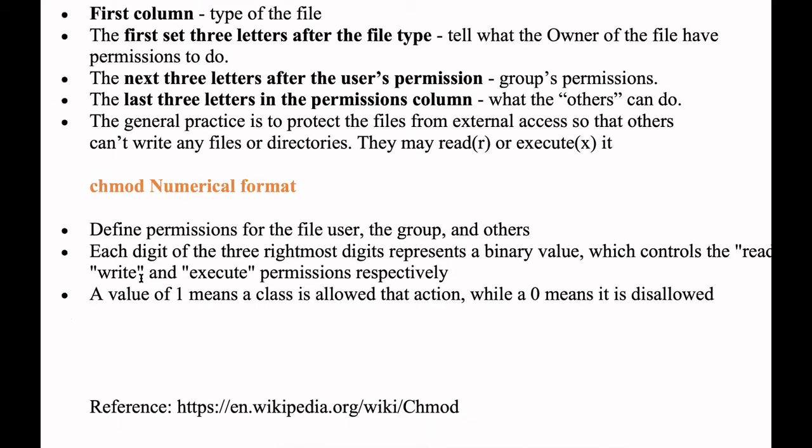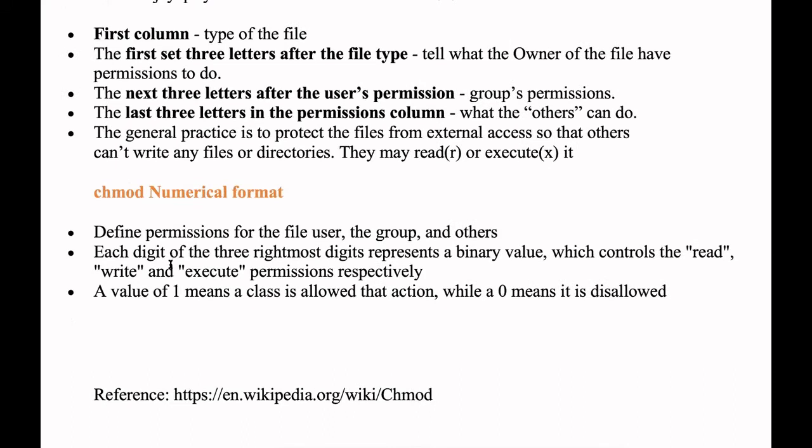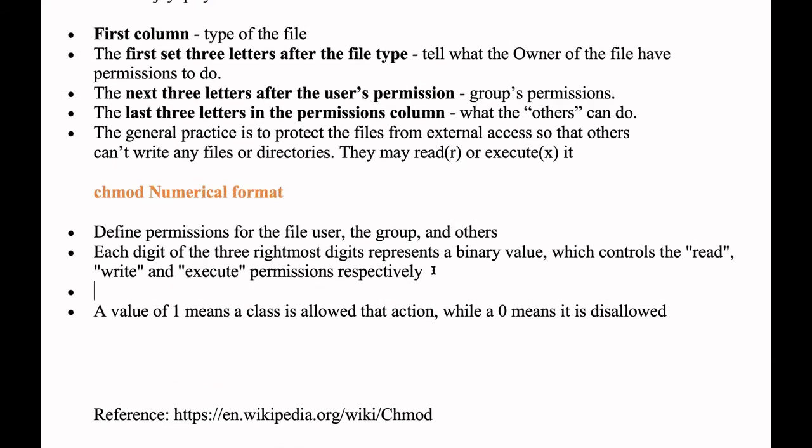So, when I say 6, 4 and 1, there are 3 digits, right? In these 3 digits, the first number 6 is for the permission given to the user, the owner of the file. 4 is for the permission given to the group, and 1 is for the permission given to others.